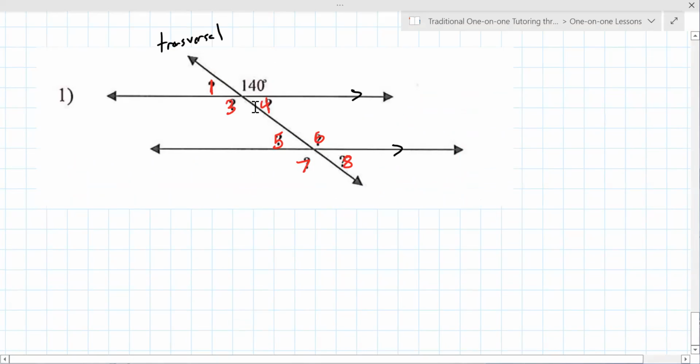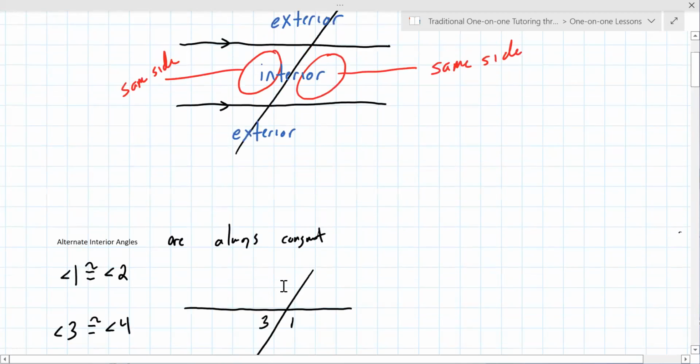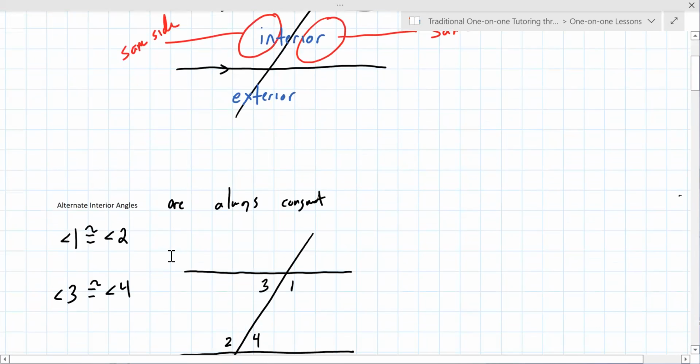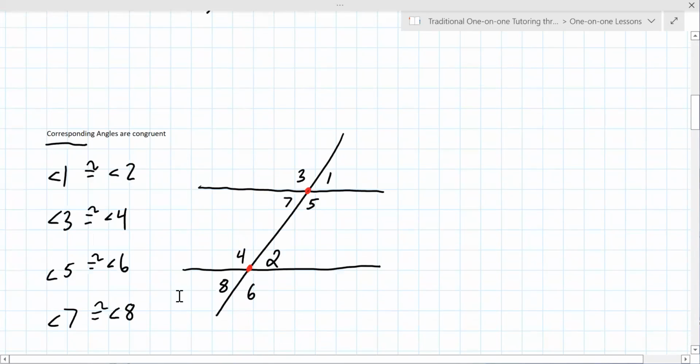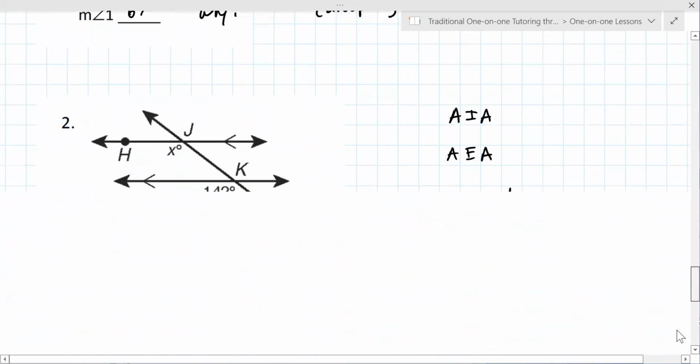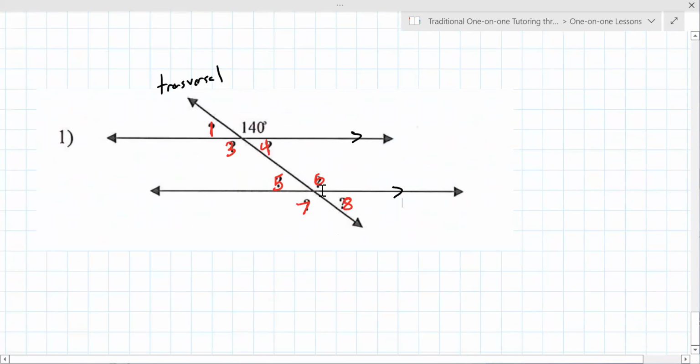You can tell me to go to angle 4 or angle 1 or angle 3 or really any of them, but I want you to go back to your notes, meaning either alternate interior or corresponding or alternate exterior. Probably corresponding is the best one to start with, but I'd like you to look at those notes and tell me using corresponding which angle you can find next.